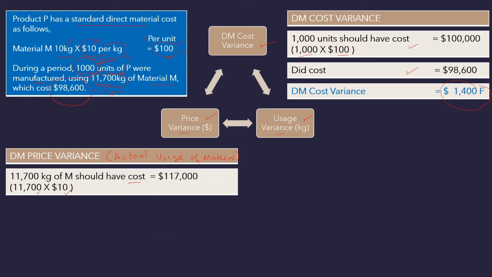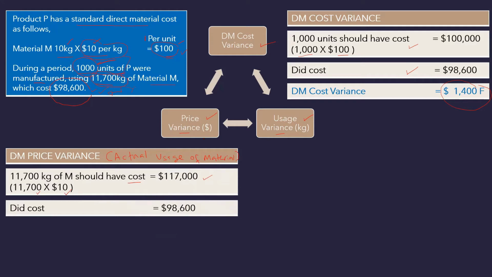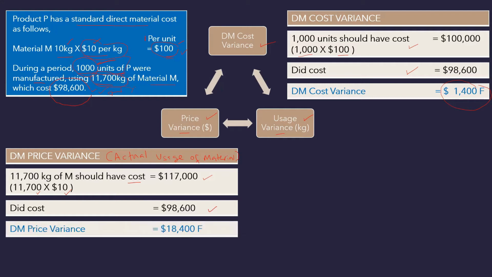This was our plan, the standard cost. So we should have incurred 117,000 on the actual material consumed. However, we incurred only 98,600. So therefore we have a favorable variance of 18,400.